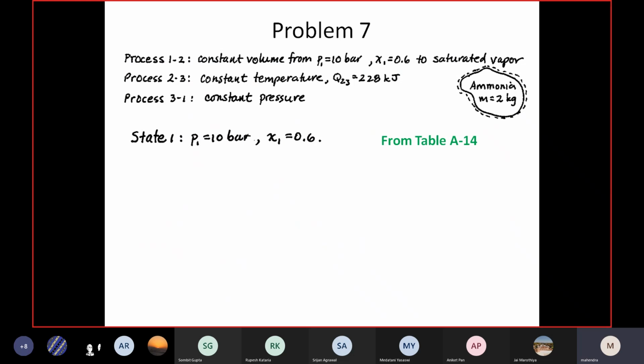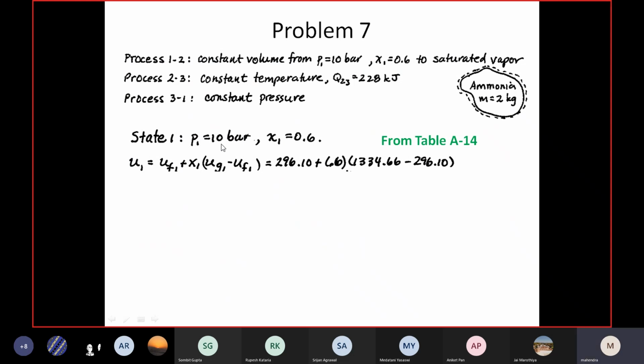Ammonia is represented in table number A14. At state 1, with dryness fraction 0.6, we are calculating the internal energy.